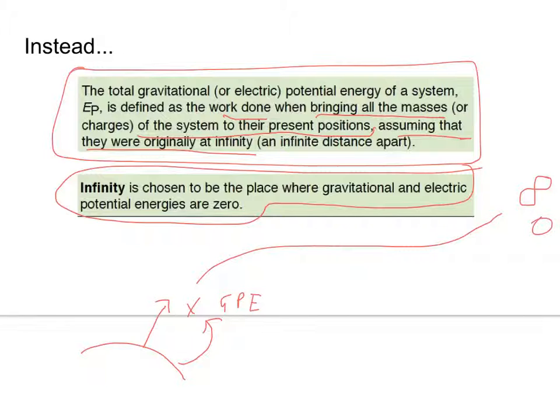Right, so basically what this means is that the potential energy that you give it, the GPE that you give it, plus the work done in taking it to infinity would be equal to zero. Because that's the potential energy that it would have at infinity.